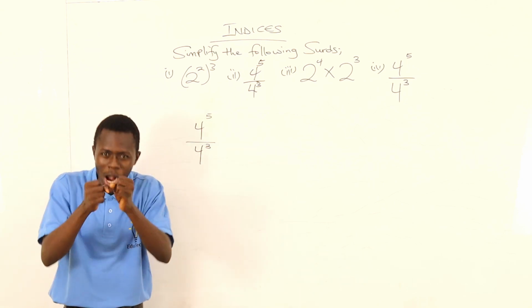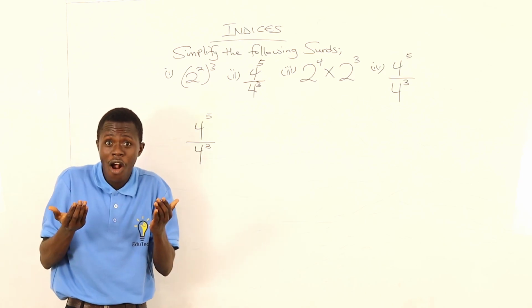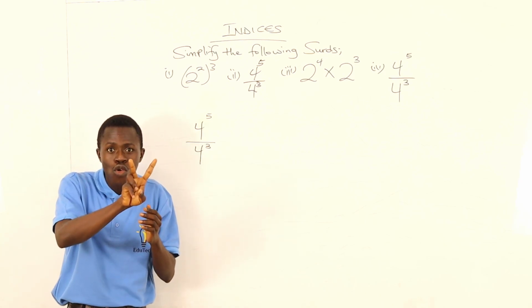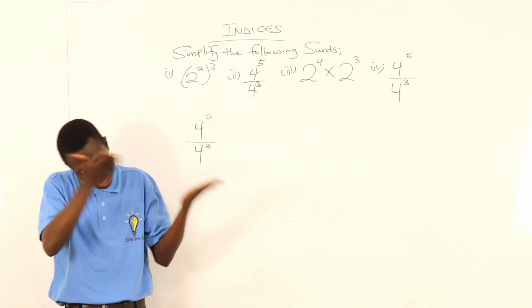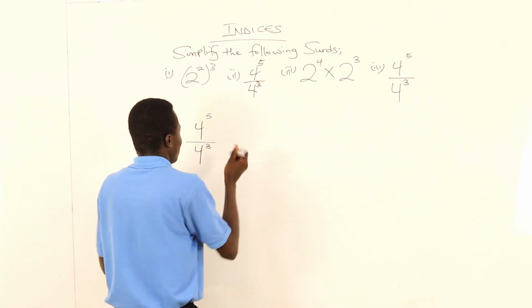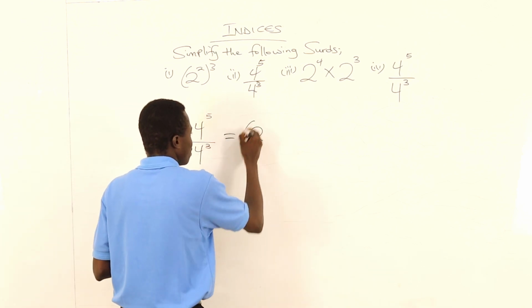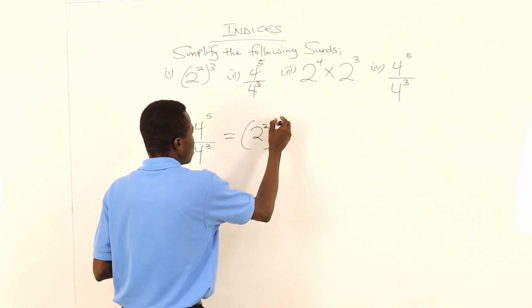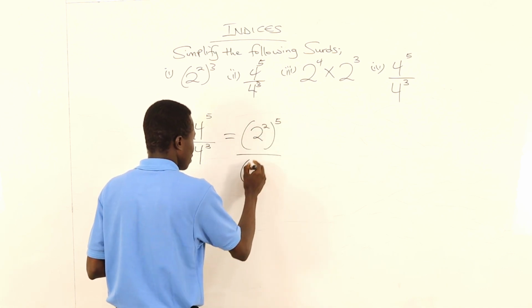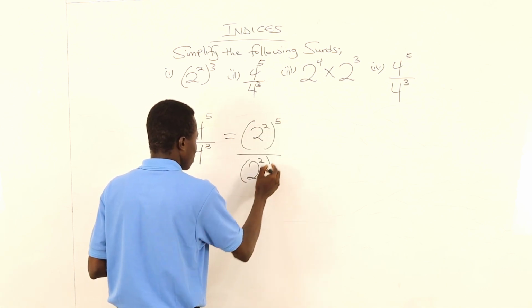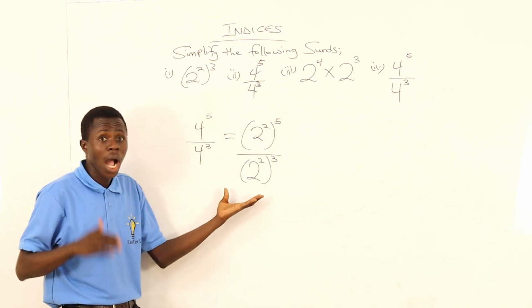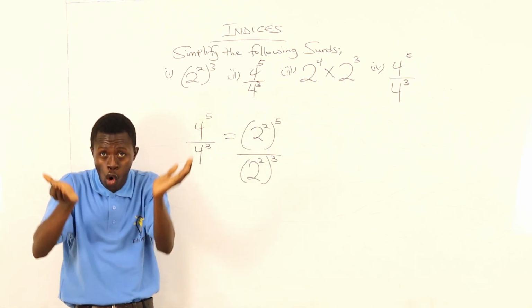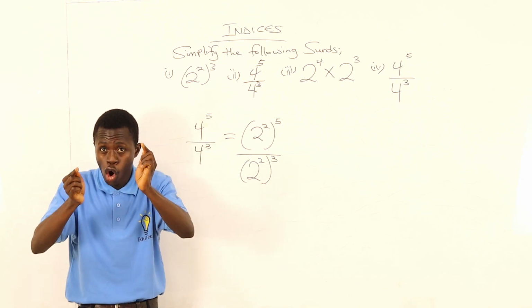But we discussed earlier that when the numbers are bigger, we simplify them before we apply the laws. So we can have 4 being equal to 2 raised to the power 2. So we can have 2 raised to the power 2, raised to the power 5, and then 2 raised to the power 2 again, raised to the power 3.